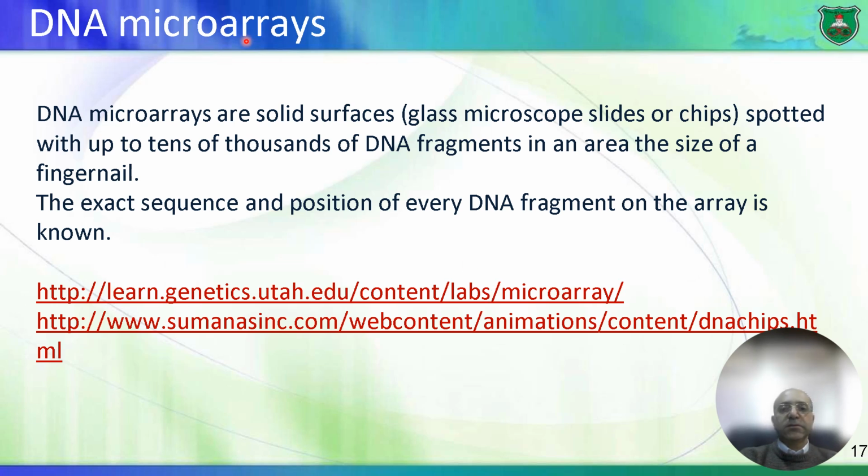Array means مصفوفة. That is a lineup of RNA probes attached to a solid surface. Usually it's a glass microscope slide or a specific chip of a specific platform or surface.